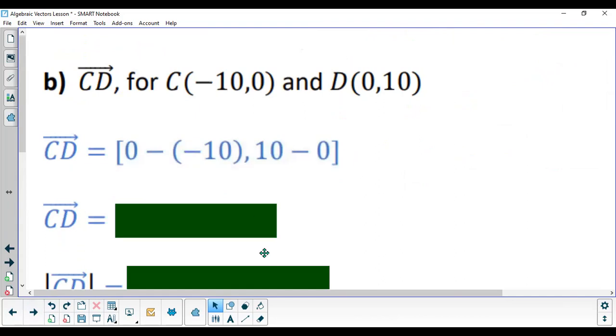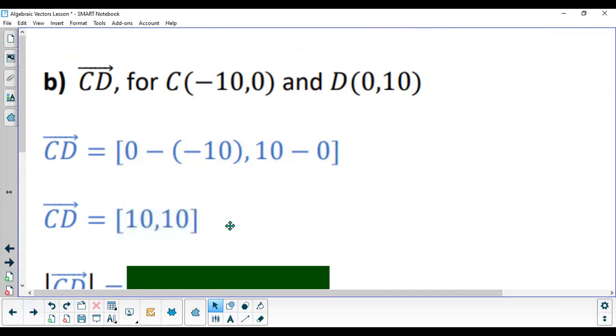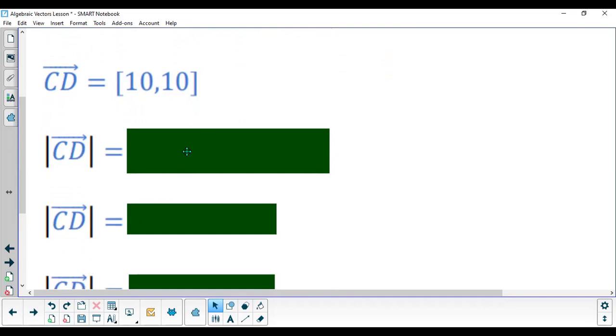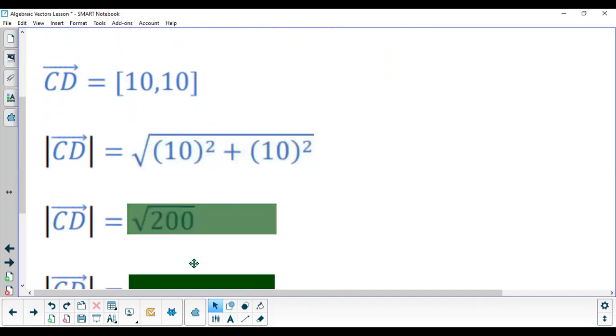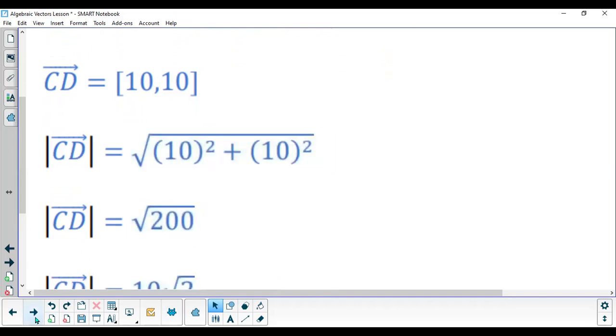If I take the x coordinate of my tip and subtract the x coordinate of my tail, the y coordinate of my tip, subtract the y coordinate of my tail, I can define vector CD in component form, and using that vector, I can then substitute it into the magnitude formula.